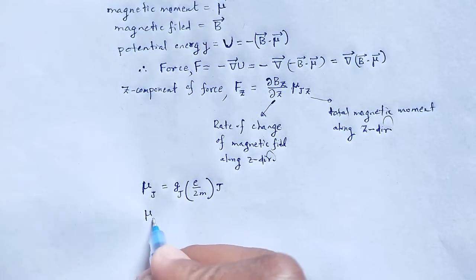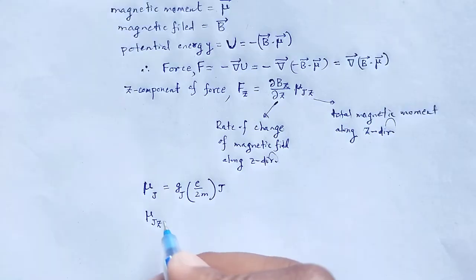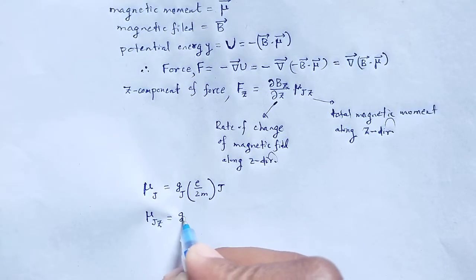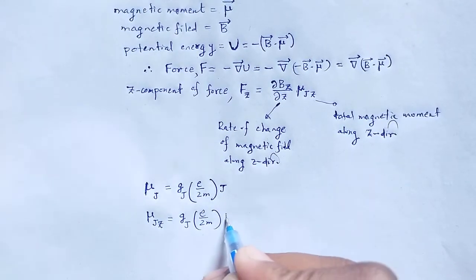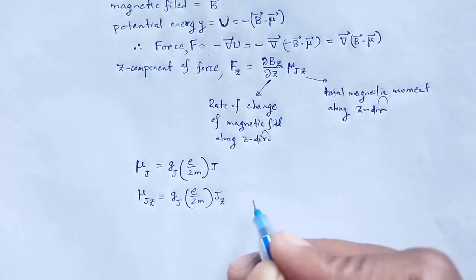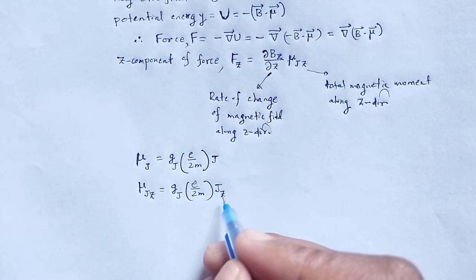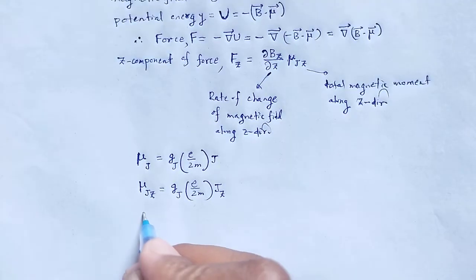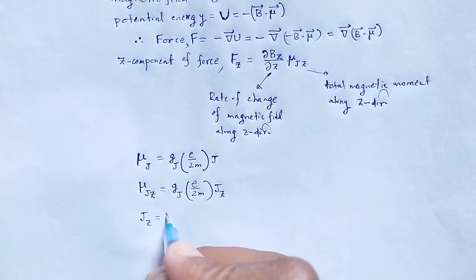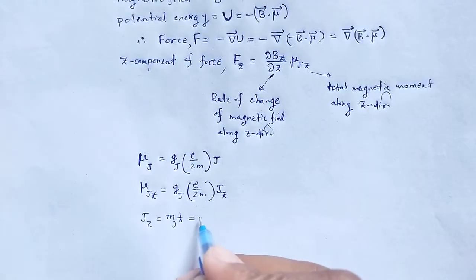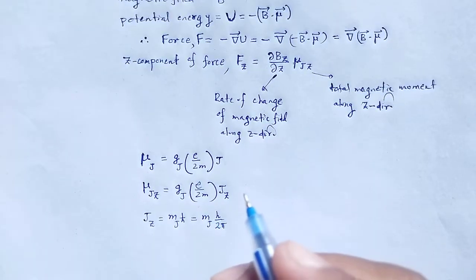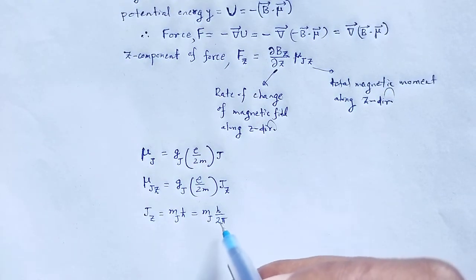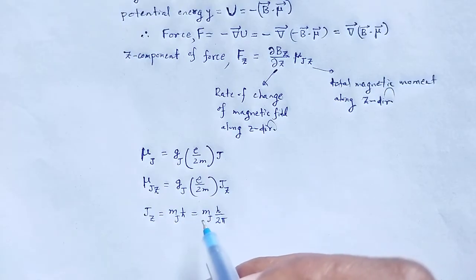Now the z component of mu jz is gj e by 2m into the z component of j, and the z component of j, here jz, is mj h cross, means mj h by 2 pi, where mj is the inner quantum number.